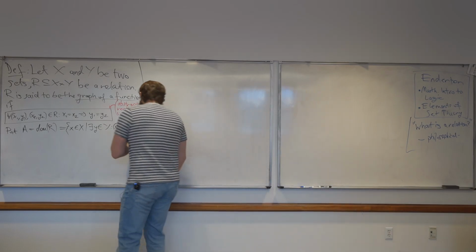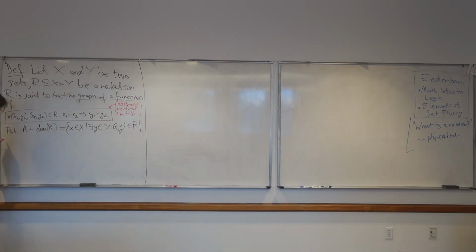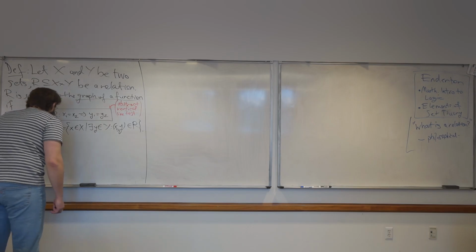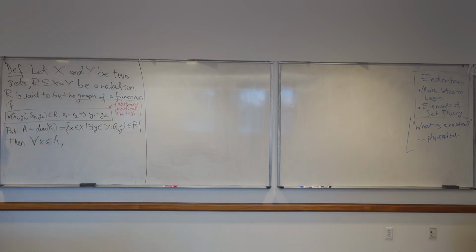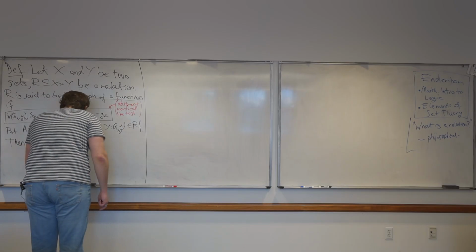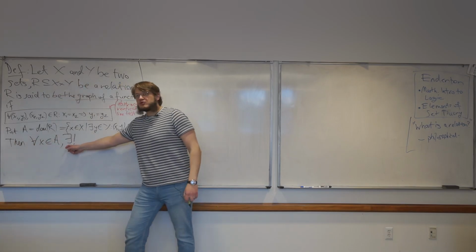Now I keep going. If I define the set A, then for any x in A, because of the fact that I'm assuming that R satisfies this abstract vertical line test, there is a unique y in Y such that (x, y) is in R. And remember, this was my notation for unique.